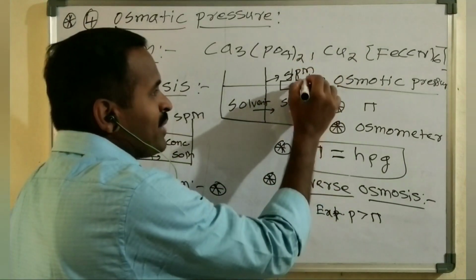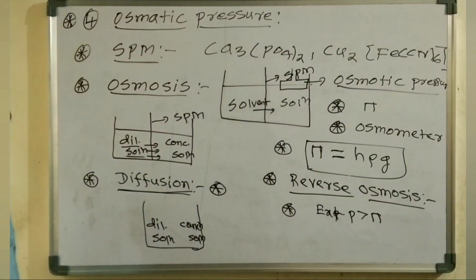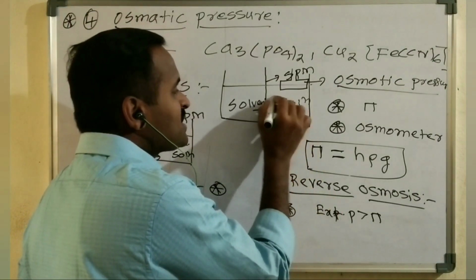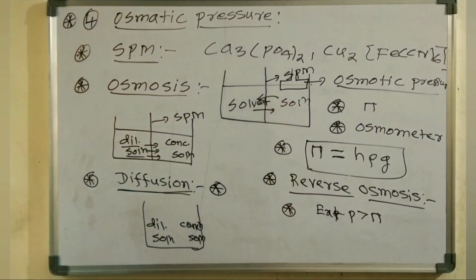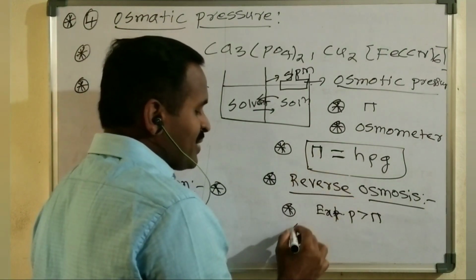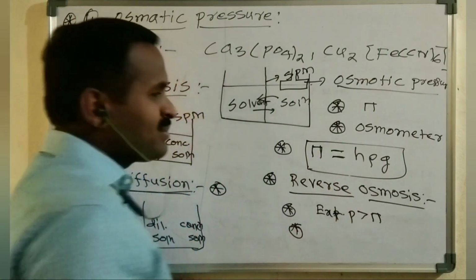If pressure is applied more than this osmotic pressure, the solvent molecules start flowing from the solution to the pure solvent side, and that particular process is reverse osmosis.